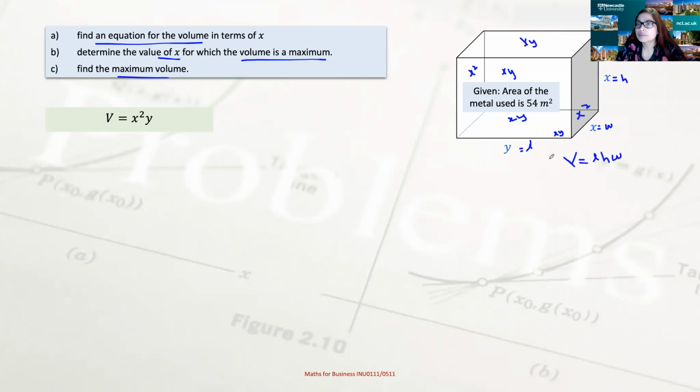So we have 2x squared, and then we have 1, 2, 3, and then we have this face also. Oh, I've already counted that. Sorry, guys. So 1, 2, 3.